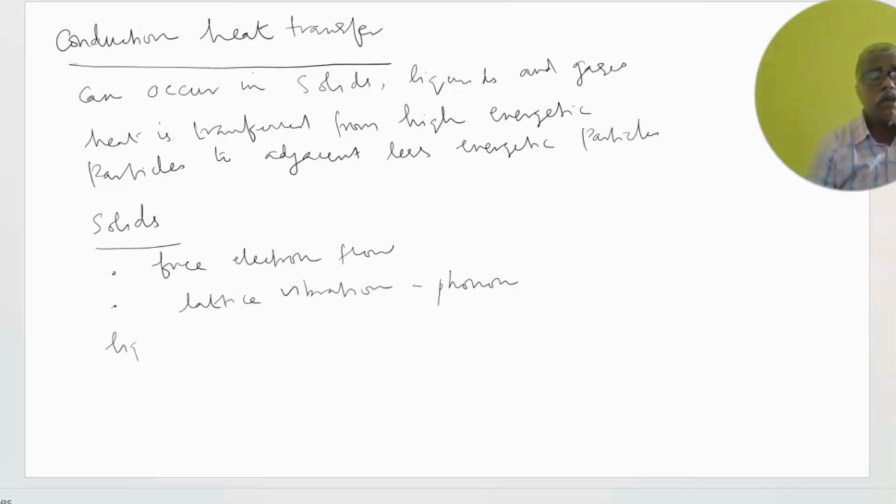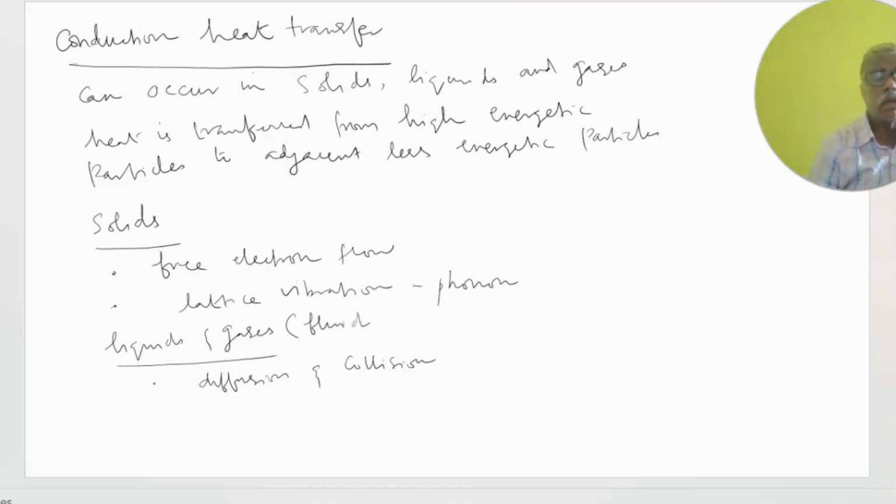In liquids and gases, conduction occurs because of diffusion and collision. So these can be commonly called as fluids. Now let us discuss the governing equation for conduction heat transfer.